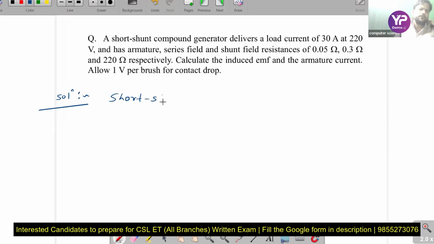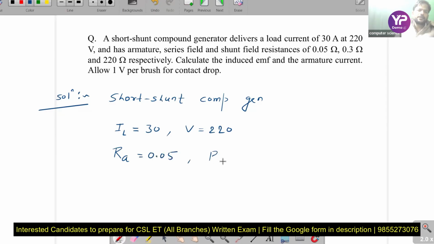A short shunt compound generator delivers a load current of 30 ampere at 220 volt. The terminal voltage is 220, and the armature, series field and shunt field resistances are RA 0.05, RSE 0.3 and RSH 220 ohm respectively.